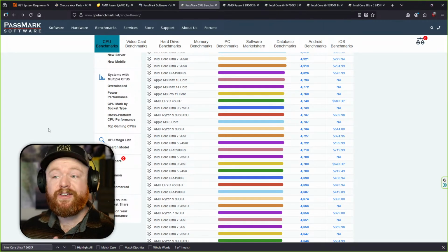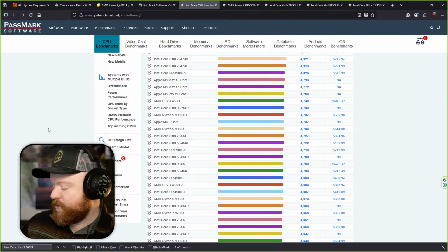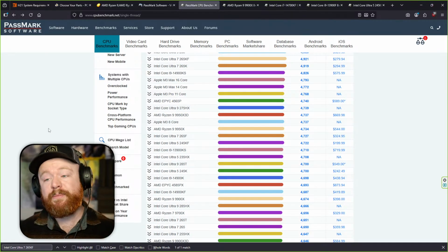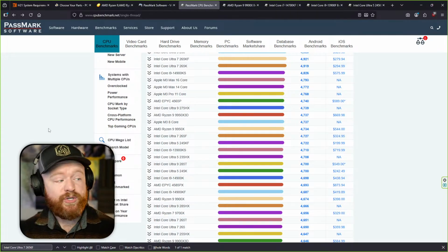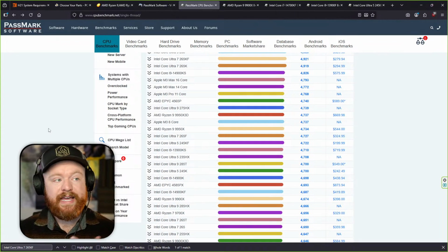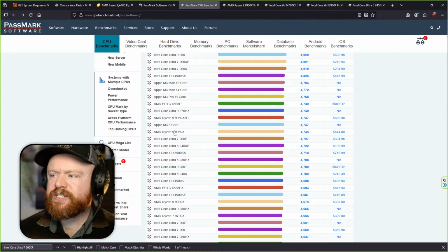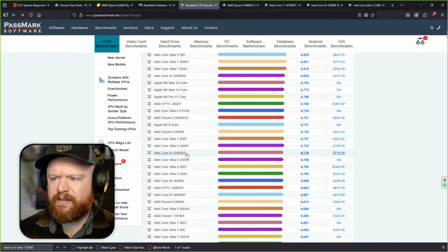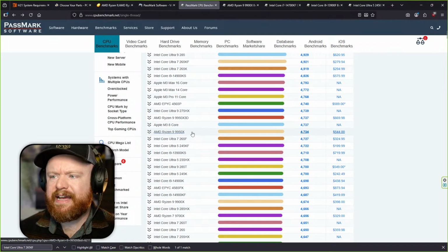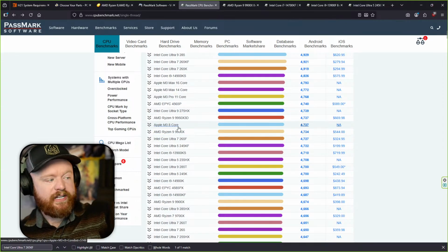I'm using Redshift, so most of my render time, most of my computer processing time is going to happen on the graphics card anyway. And so if that's the case, I want fast single core performance just to help out with the day-to-day tasks. And that's the biggest thing. Actually, I didn't get that one. I got the 9950X right here. So I got the one notch above that here.